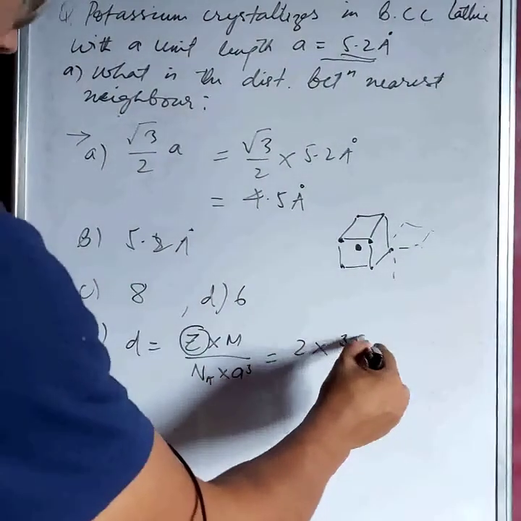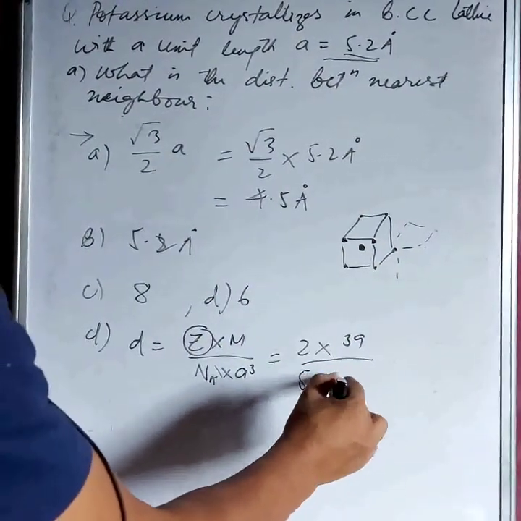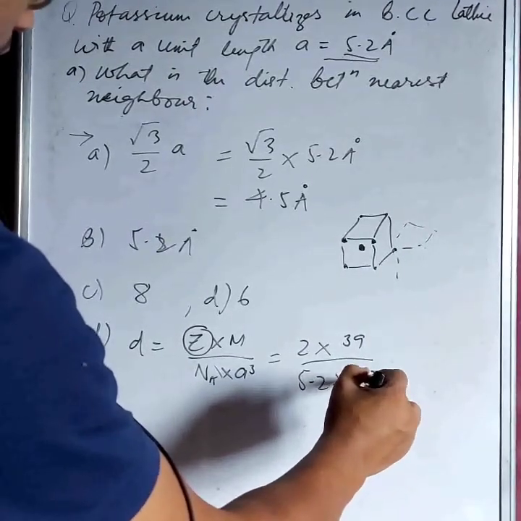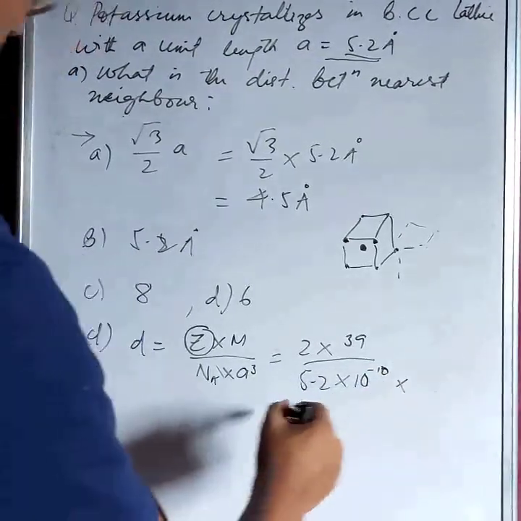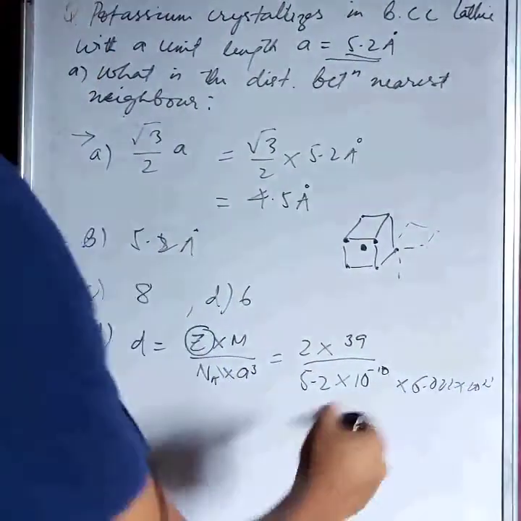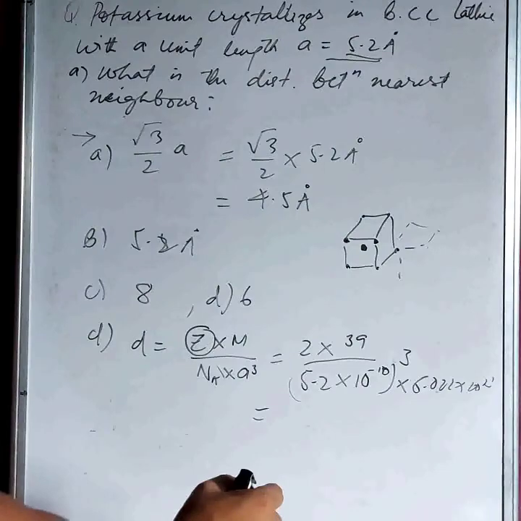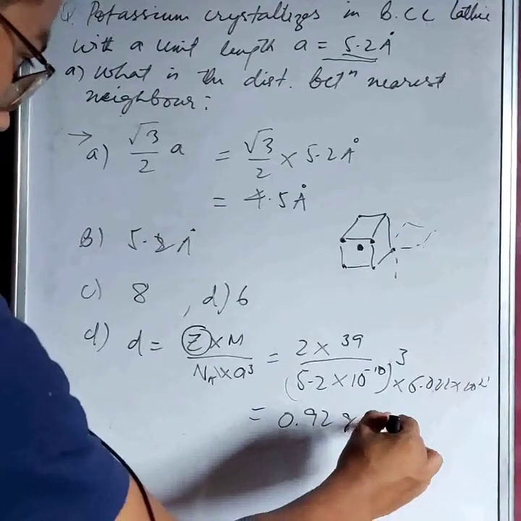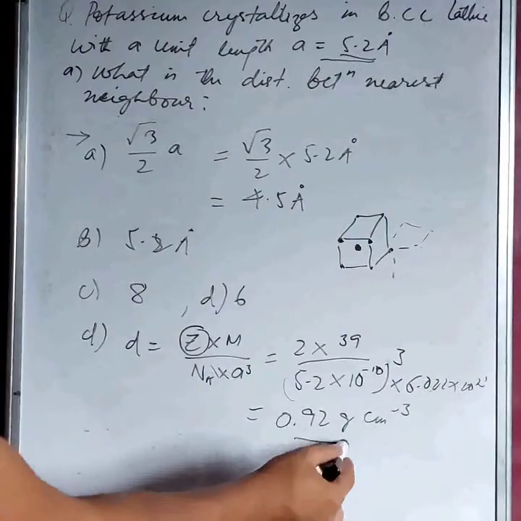The edge length is given as 5.2 angstrom, into 10 raised to the power negative 10 meters, into Avogadro's number 6.022 into 10 raised to the power 23. This is whole cubed. If you calculate, you'll get around 0.92 grams per centimeter cubed. So that's how you can calculate the density.